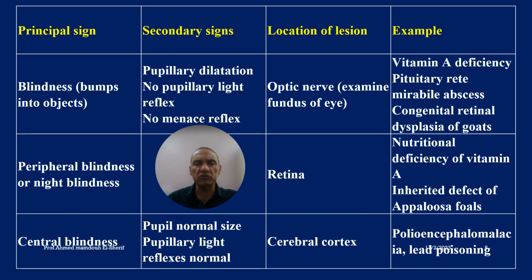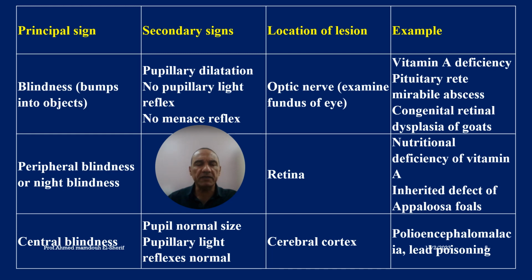The location of the lesion will be the optic nerve, so we have to examine the fundus of the eye. Clear examples of diseases affecting animals at that time are vitamin A deficiency or pituitary abscess, and congenital retinal dysplasia of goats.